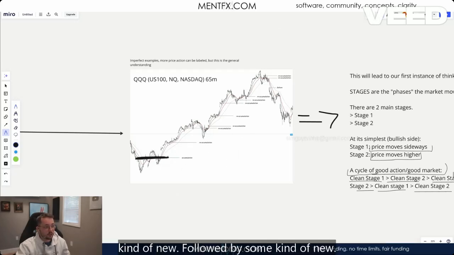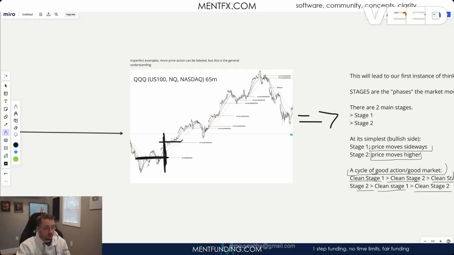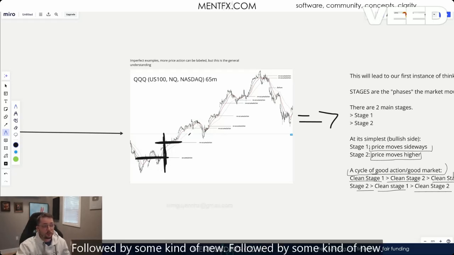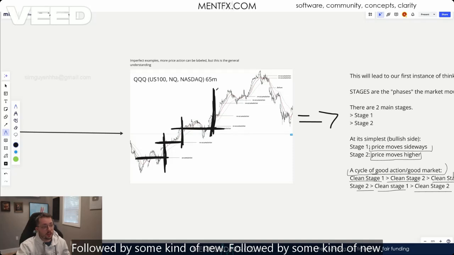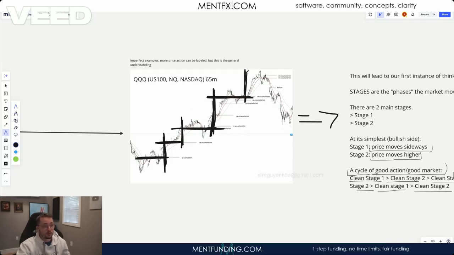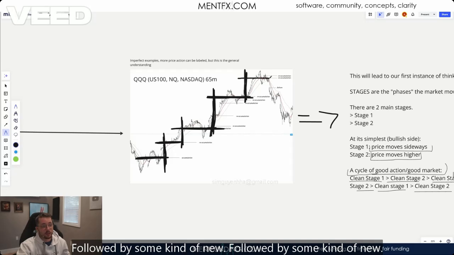Followed by some kind of new stage 1, some sideways action, followed by some kind of stage 2 up move, followed by some kind of stage 1 sideways move, an accumulation move, followed by some kind of stage 2 upwards move, followed by some kind of stage 1 move, followed by some kind of stage 2 move, followed by some kind of stage 1 move, followed by some kind of failure.